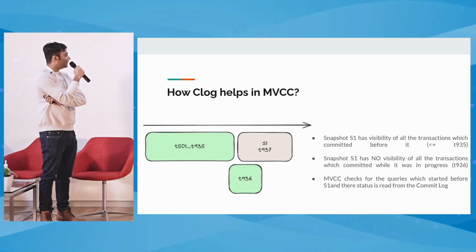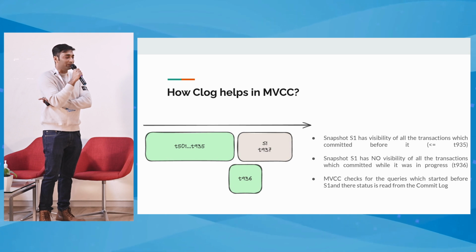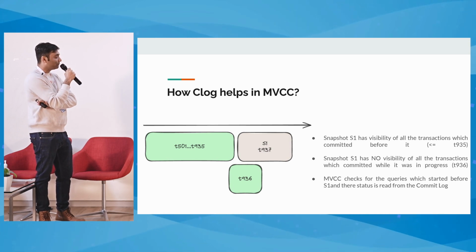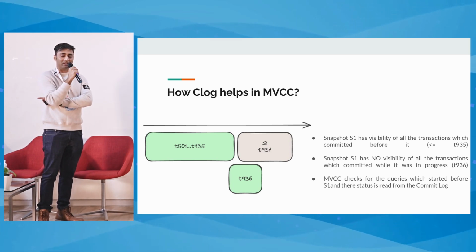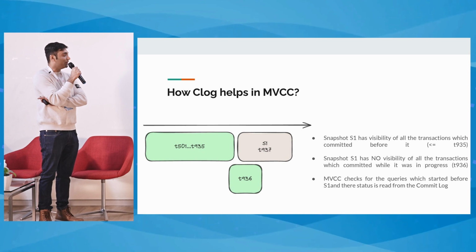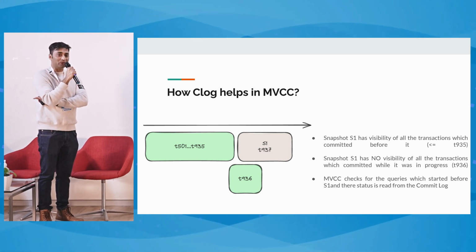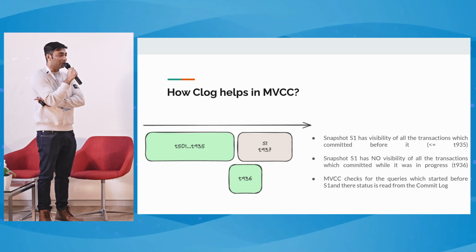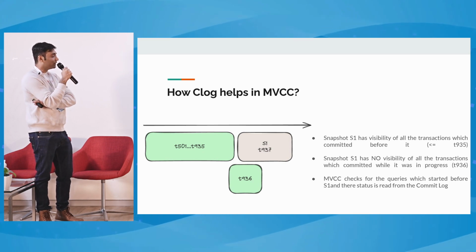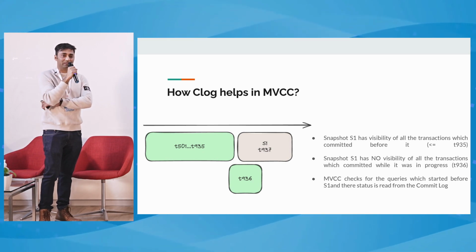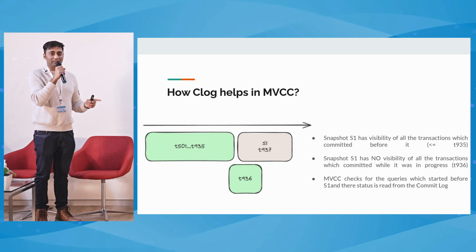So how does CLOG participate in MVCC? A real quick refresher: MVCC is the concurrency control mechanism of Postgres via which multiple transactions can work on a single row without having to lock the row. How MVCC works is whenever a transaction starts, it takes a snapshot of all the rows which are part of the transaction.